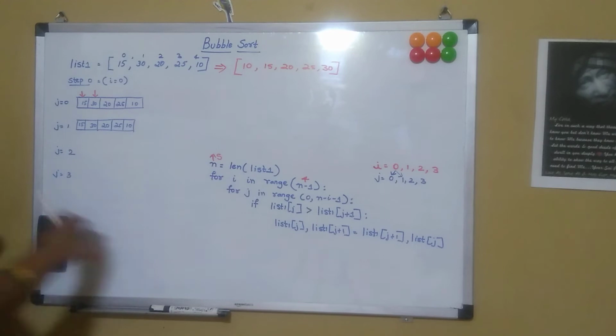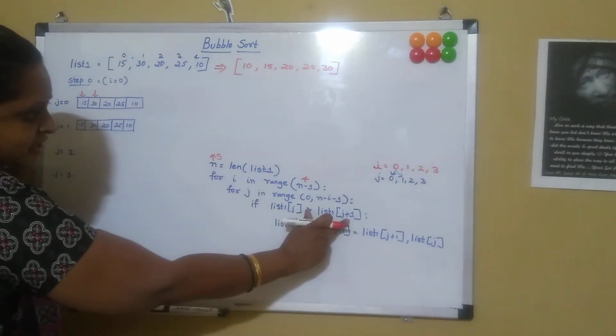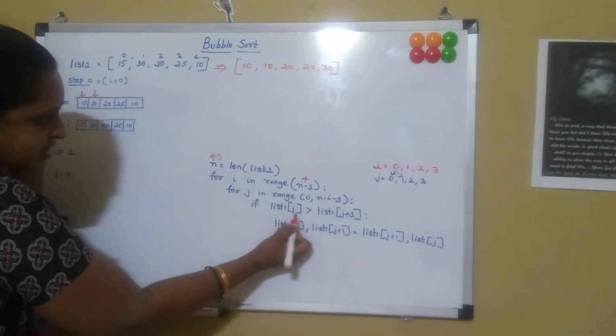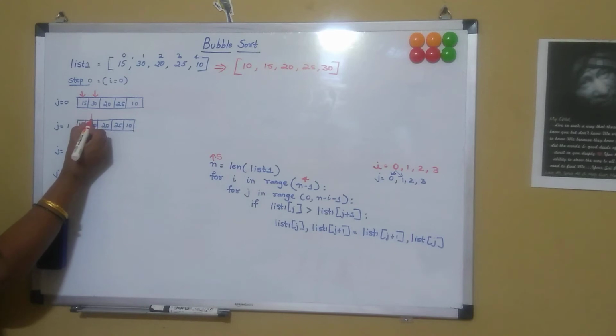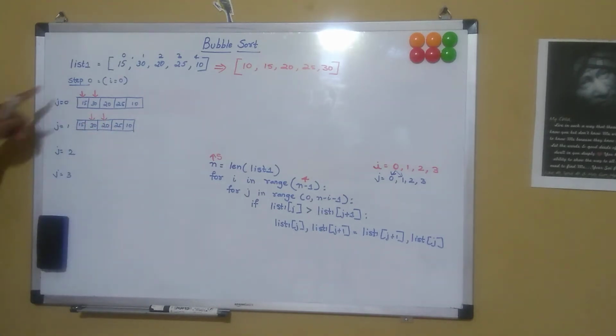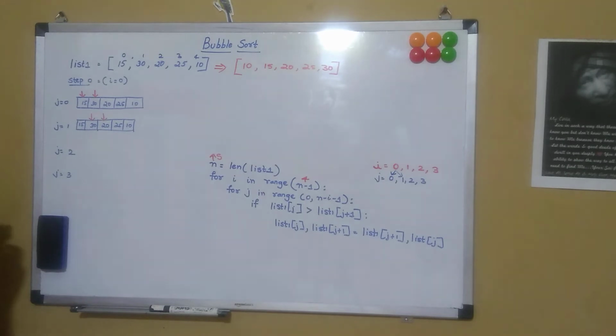So, when j becomes 1, list1 of 1 is compared with list1 of j plus 1, that is list1 of 2. So, it will compare list1 of 1 and list1 of 2. Here, for j equal to 0, it was comparing list1 of 0 and list1 of 1. Here, it will compare list1 of 1 with list1 of 2.